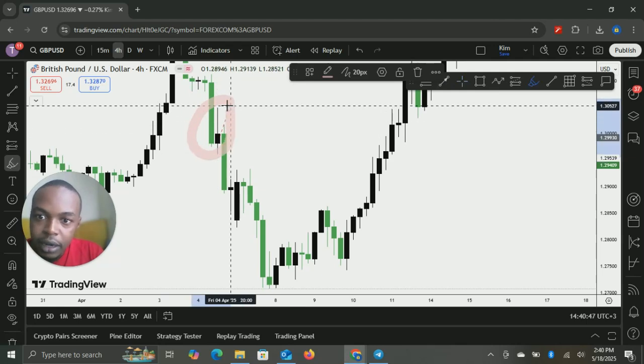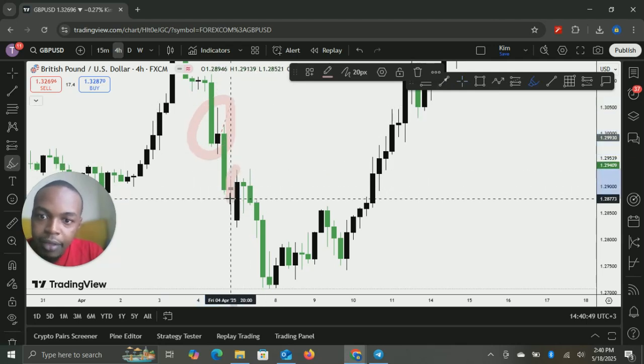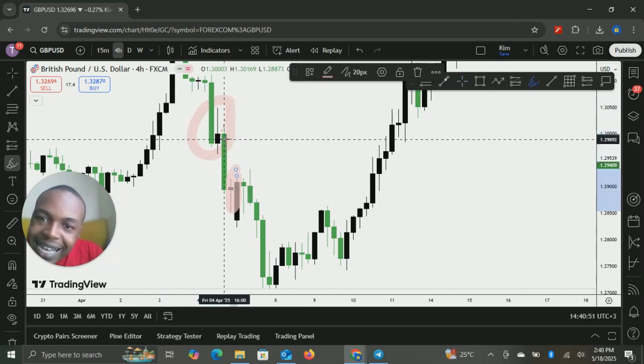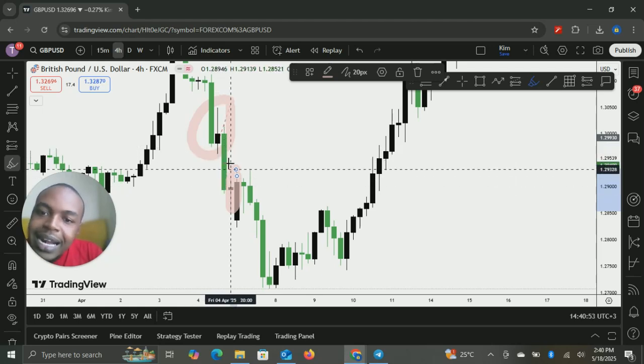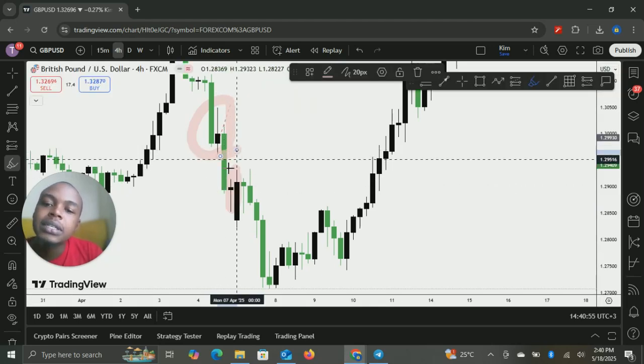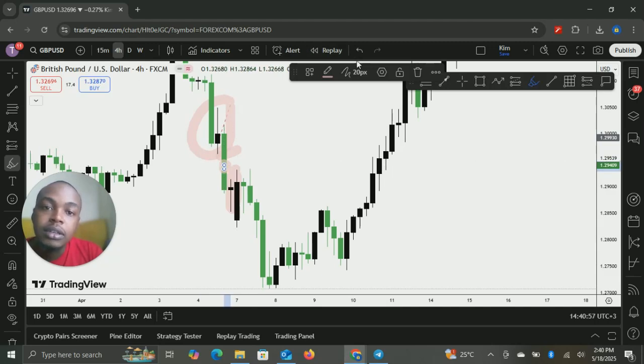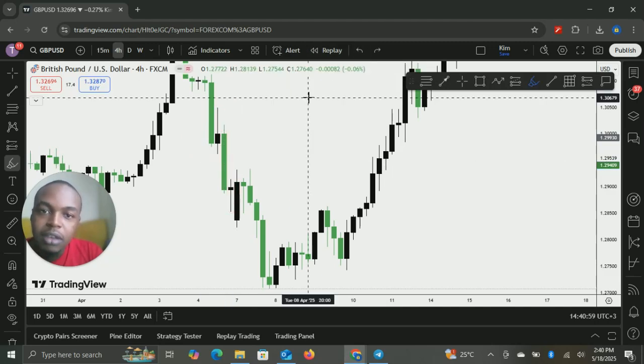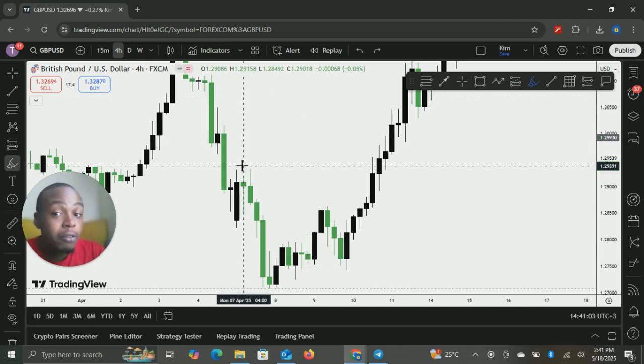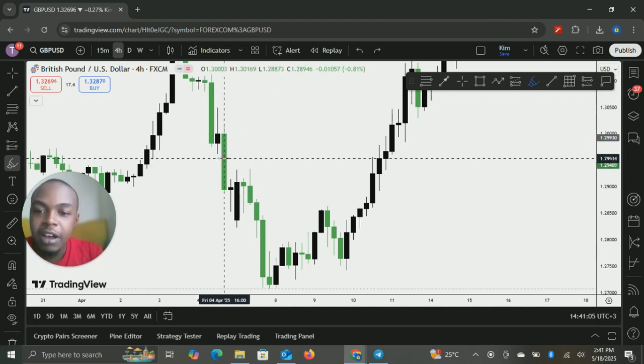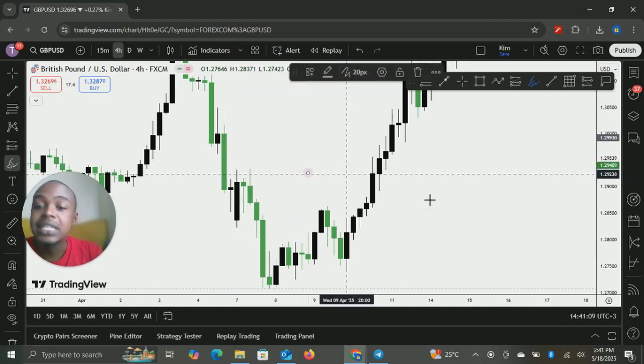You take this candle and the other candle. You see, this green candle has some spaces here. I don't know if you're seeing it. If you are not a very beginner in forex trading, you know about fair value gaps. So these fair value gaps are one of the confluences that I take with my strategy.